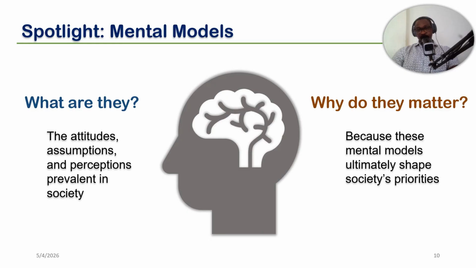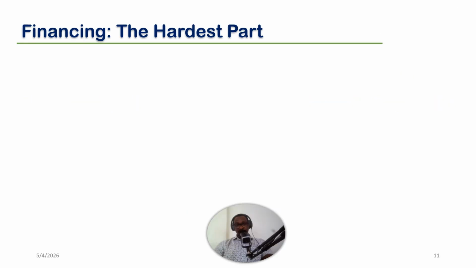So it's very important for us to consider the mindset of both the community and then the institutions responsible for managing sanitation systems and services. And remember, sanitation cannot be fragmented. It has to be looked at holistically as a chain.